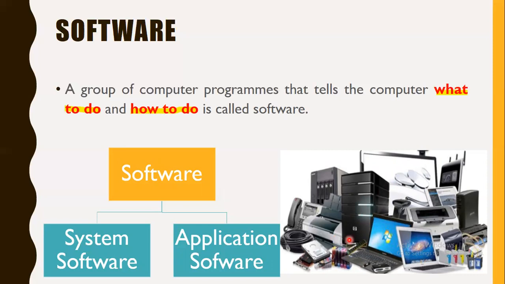First of all, in order to operate the computer, or to switch on the computer, we will be needing software. If the software component is missing, then computer hardware is of no use. So it is very important to install the appropriate software in our computer.